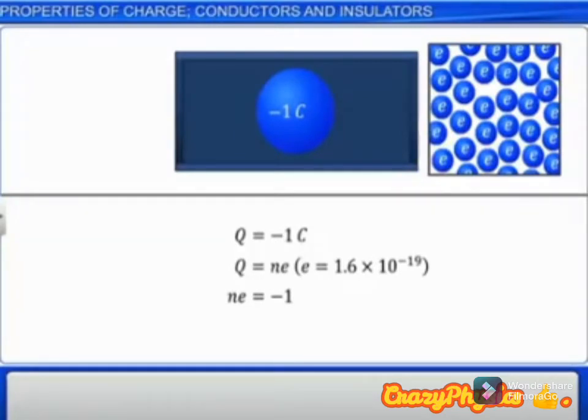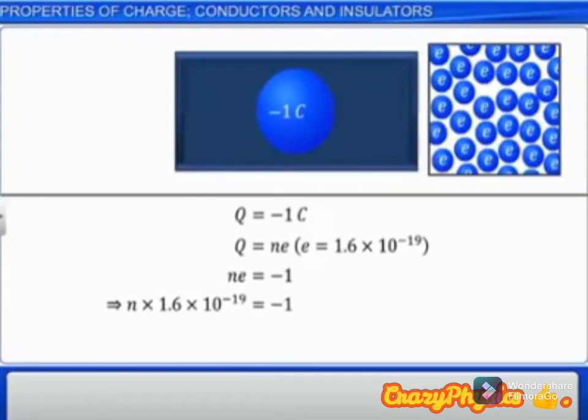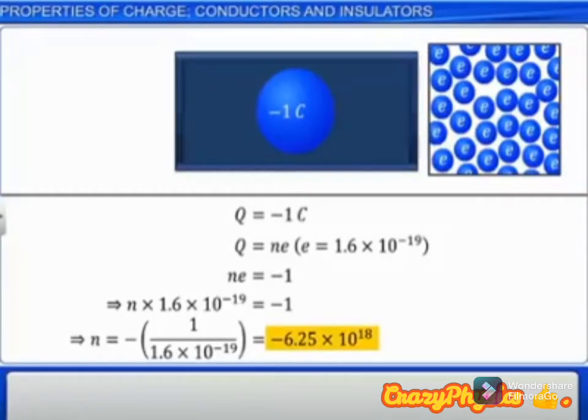Substituting the values of Q and e and simplifying, we have n equal to minus 6.25 into 10 power 18. Here, n is a negative integer, indicating that the body has gained a negative charge. So, we see that 1 coulomb of negative charge contains 6.25 into 10 power 18 electrons.